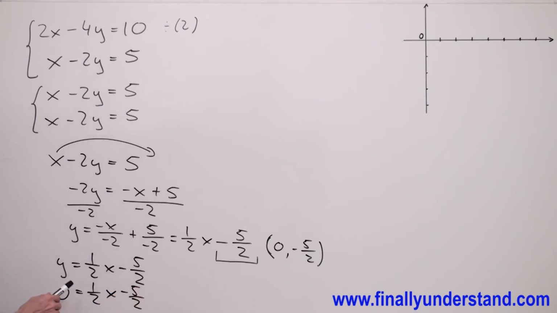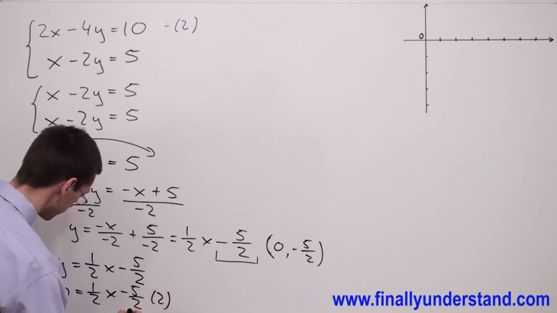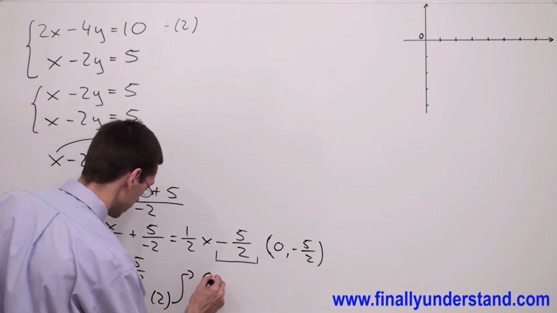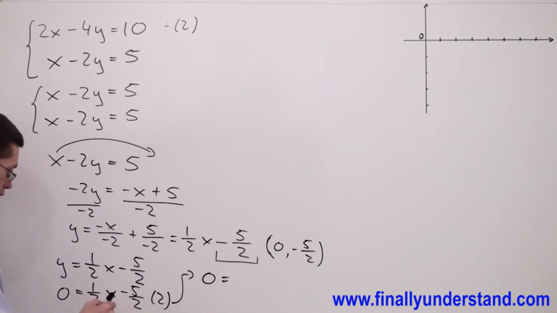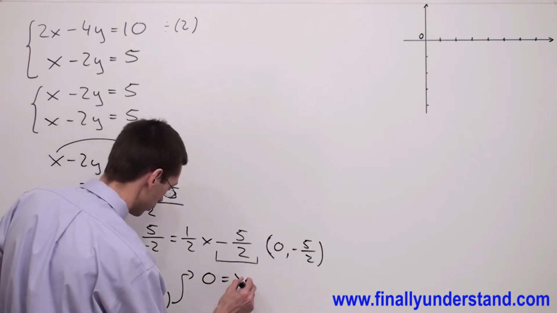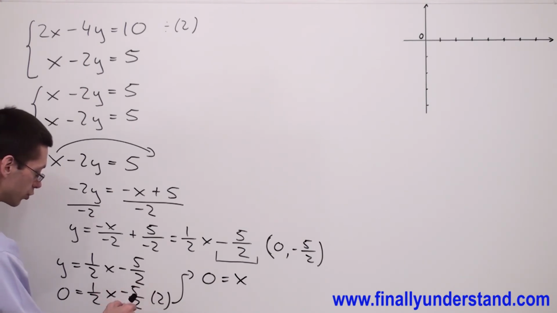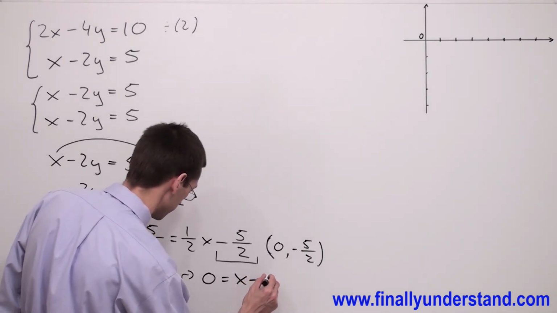What I'm going to do first is eliminate fractions. I'm going to multiply the left side of my equation and the right side by 2. Okay, so I'm going to obtain 0 is equal to 1/2 times 2, which gives me 1. 1 times x is x. Negative 5 over 2 times 2 gives me negative 5.